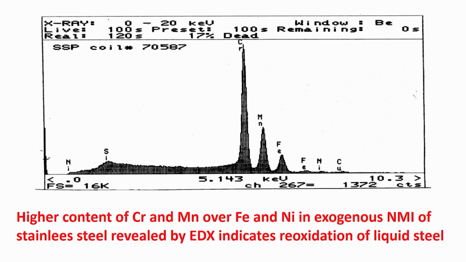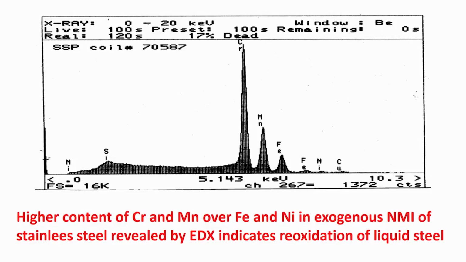But if there is a reoxidation product which is present as an entrapment, here the intensity of the X-rays of the different elements is changed. Now you are showing more of chromium, more of manganese compared to iron. So, we know that this entrapment is rich in chromium oxide and manganese oxide.